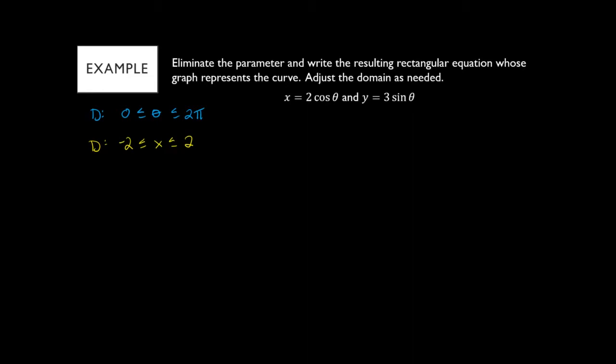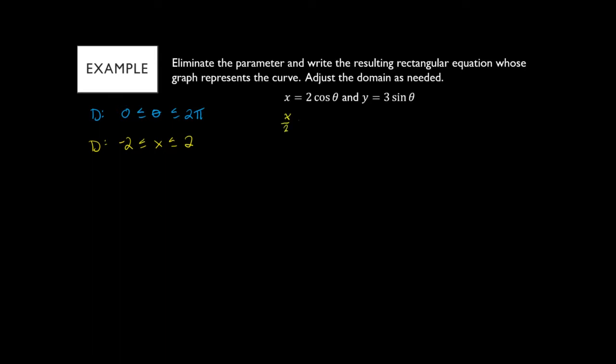Now to eliminate the parameter, whenever you have things with sine and cosine, use the Pythagorean identity sine squared theta plus cosine squared theta equals 1. That's the identity you're going to use. So actually what I should do first is solve my equations for sine and cosine.